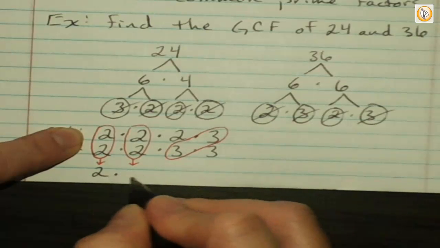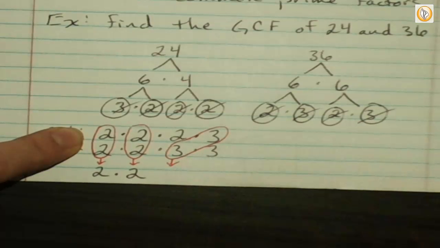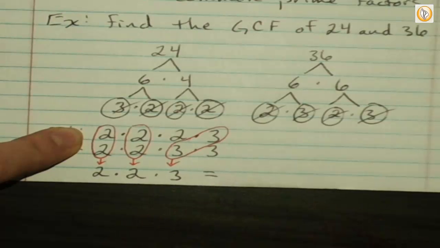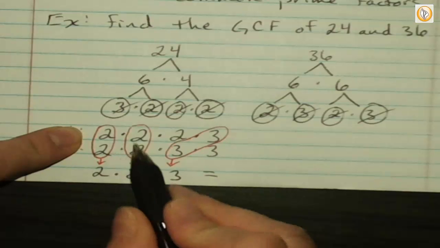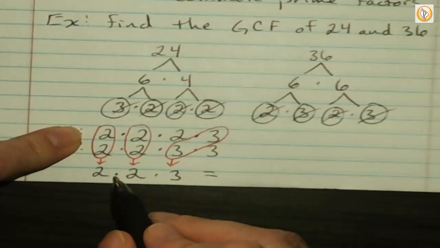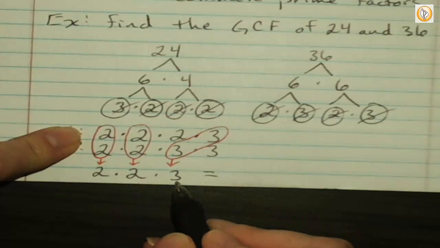Times, because this is step 3, find the product. And then times 3. Do you see what I'm doing here? So I'm taking one of each pair. They have a 2 in common. They have another 2 in common. They have a 3 in common.